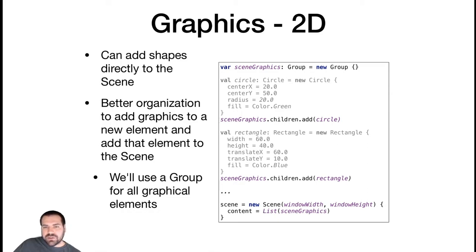So we're going to put those in a group, just an unordered container of GUI elements. We can put these in a group instead of a VBox, HBox, grid layout, whatever. Those don't make sense here. So throw them in a group, and we're going to throw that group in the content of our scene.